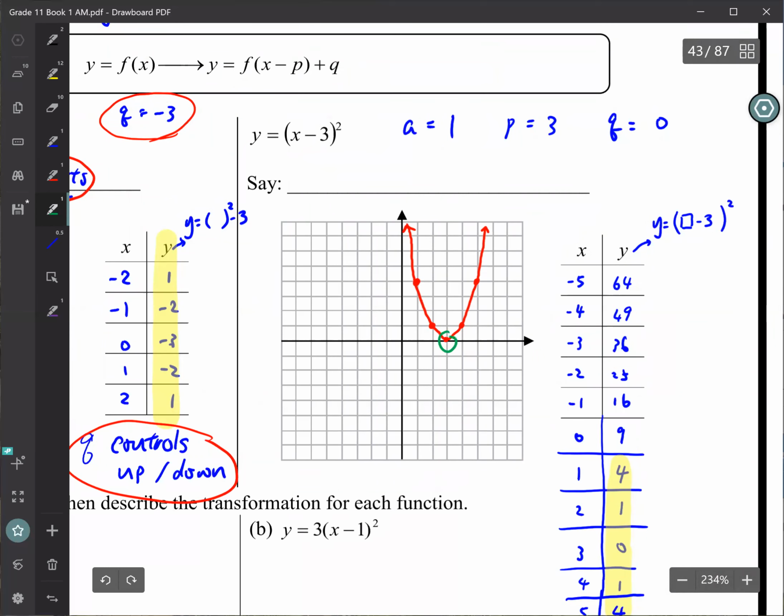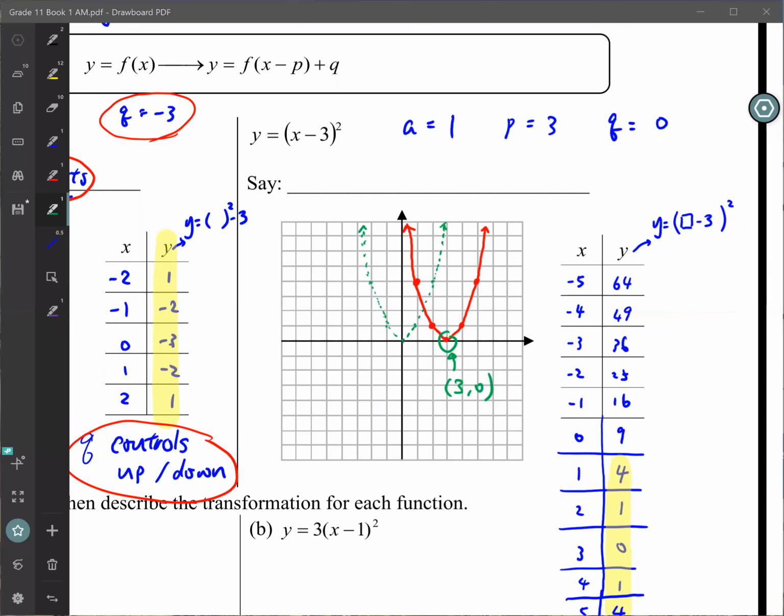The vertex is at 3, 0 instead of 0, 0. Used to be here. I'll use the green one. The dotted line is the original, the basic one, being shifted to the right side.